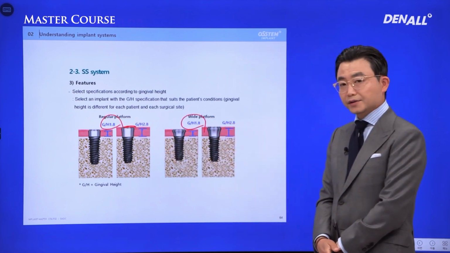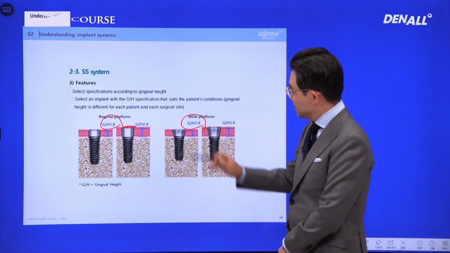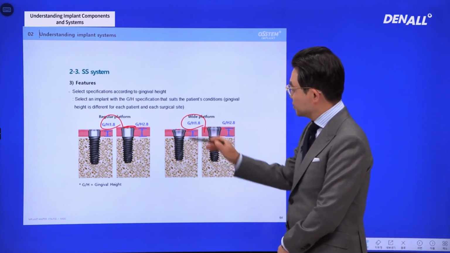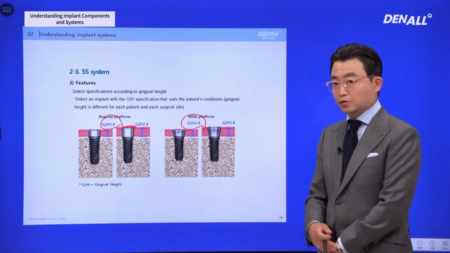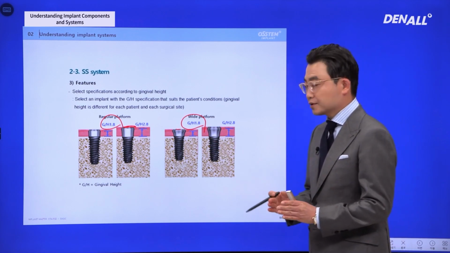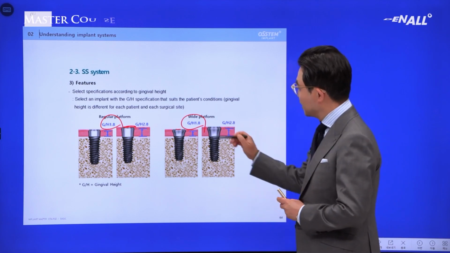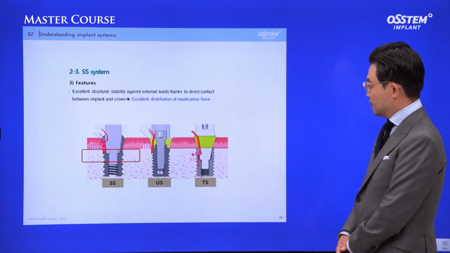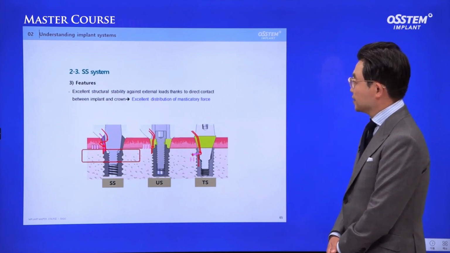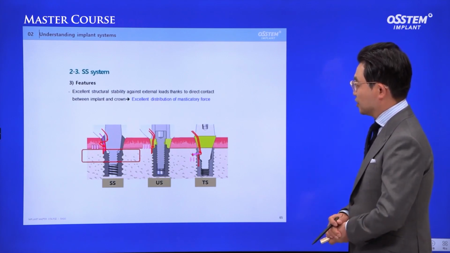Sometimes the margin could be at a sub level, but recently patients, even in the posterior area, want aesthetics, and to minimize the black triangle, I opt for more 1.8 rather than 2.8. So I think the strength of the SS system is that connection stability is the biggest advantage.